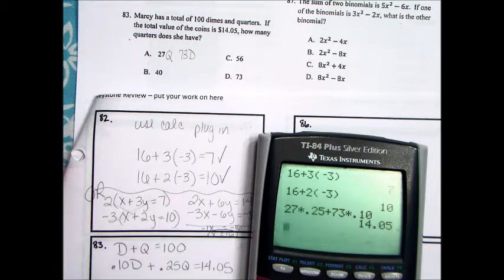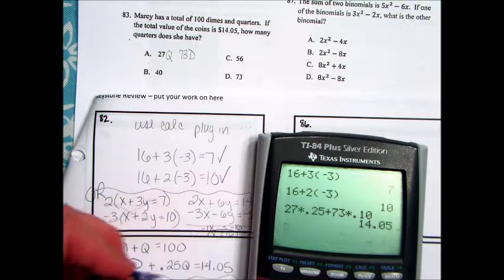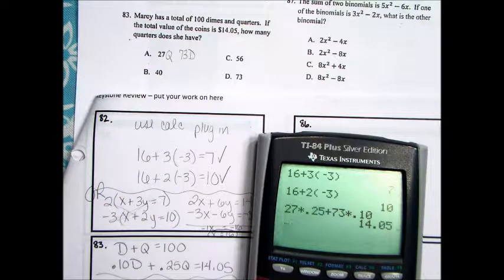So I guess what we need to think about here is that you could do this algebraically with those equations, or you could just say if she has 27 quarters, that would mean she would have to have 73 dimes because it has to equal 100.